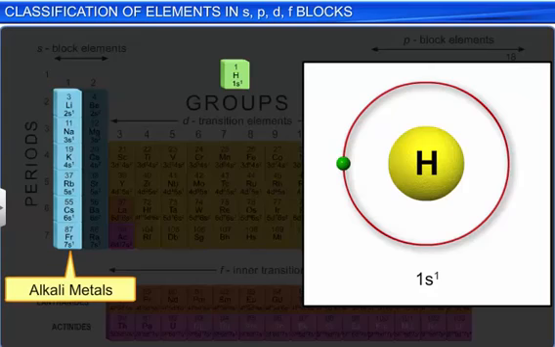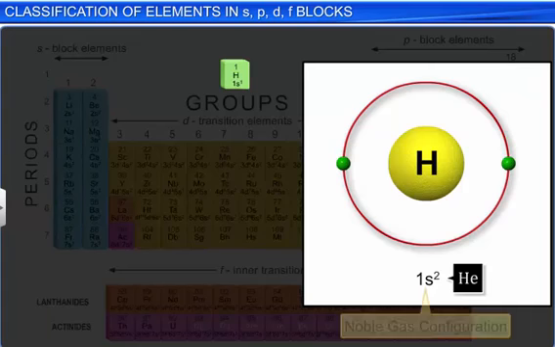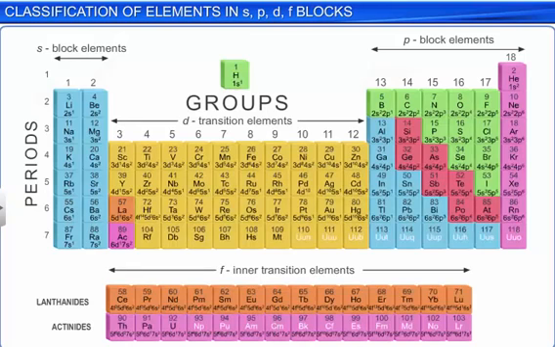However, hydrogen can also gain an electron to achieve the nearest noble gas configuration of helium, and hence can be placed along with halogens in group 17. Therefore, it is considered a special case and is placed separately at the top of the periodic table.